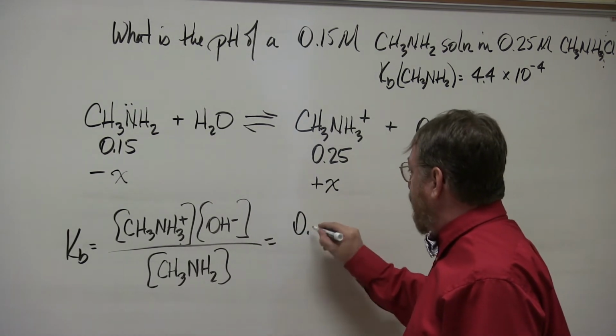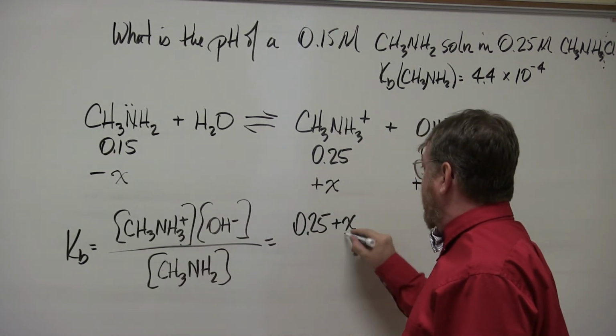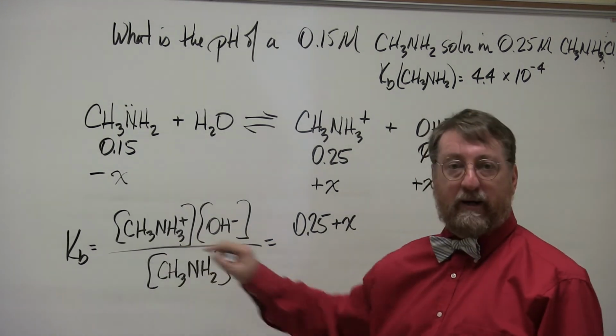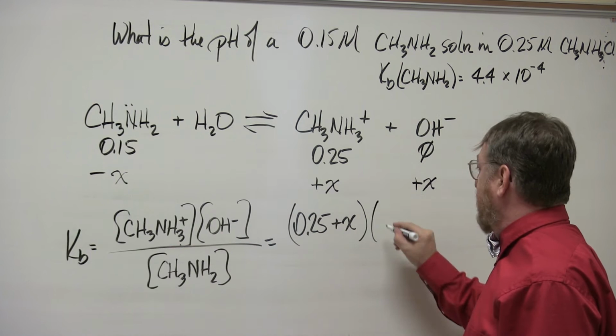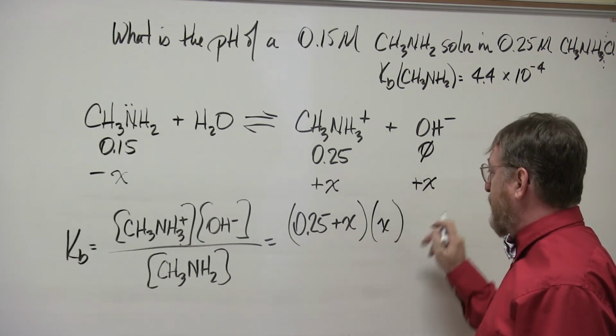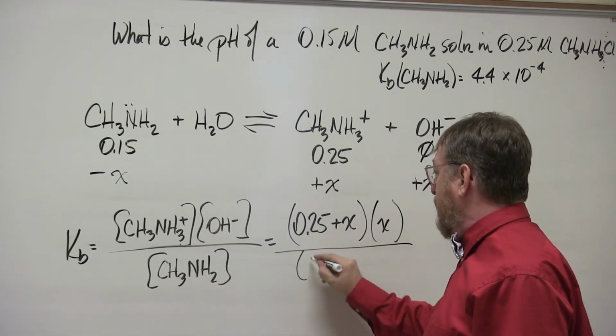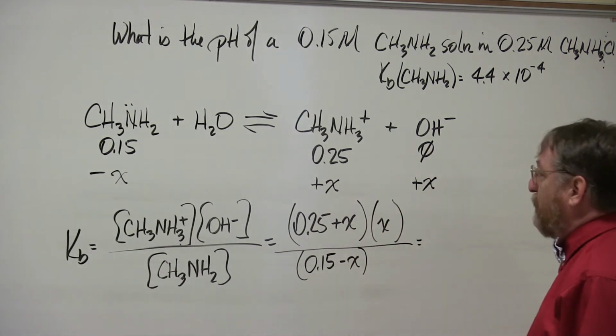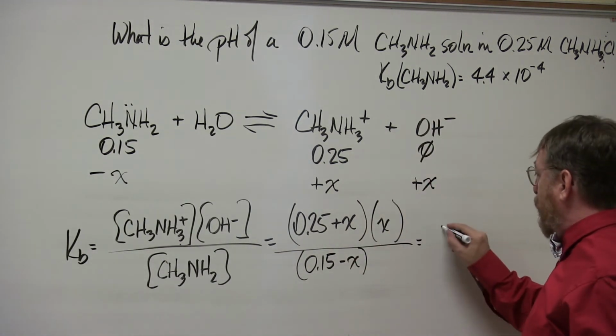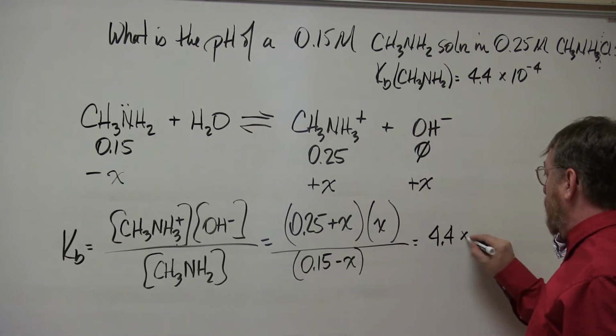We're going to have 0.25 plus X. That's the methylammonium ion concentration. Not X, it's 0.25 plus X. Times X for the hydroxide concentration divided by 0.15 minus X. All that equals the Kb, which is 4.4 times 10 to the minus 4.